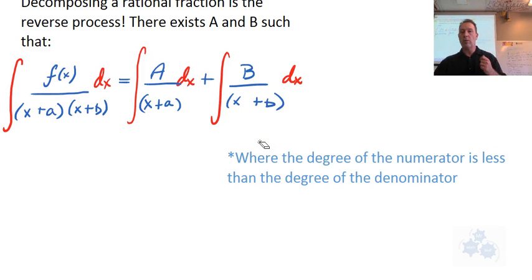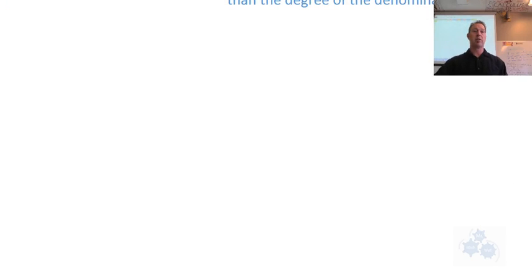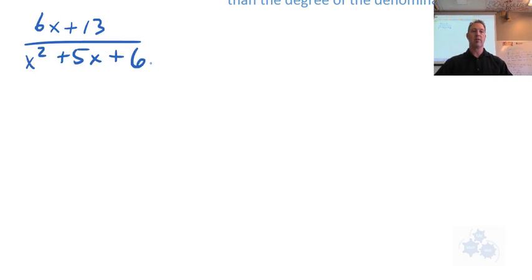So what we're going to do is show you how to decompose that first example into partial fractions. We're going to work backwards from that first example. So what was it? 6x plus 13 on top. And let's say it's x squared plus 5x plus 6 on the bottom. So we're going to decompose this.